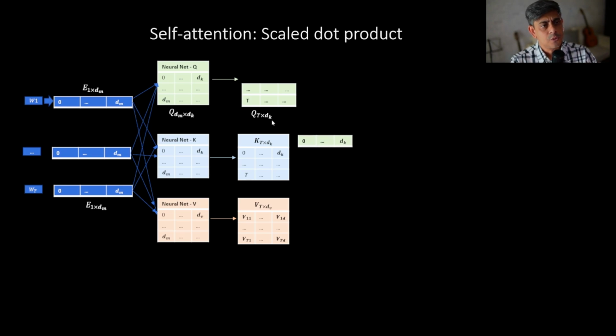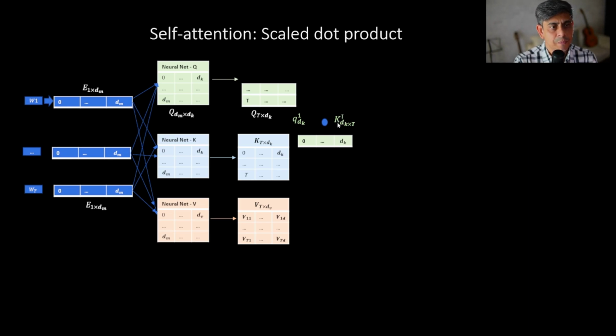Now one such query from the output of the query matrix, we are then doing a dot product with all the rows of the key. Since it is dk on this side and the rows here is t, we have to do the transpose so that the dk matches with dk. So we do that transpose, K transpose.